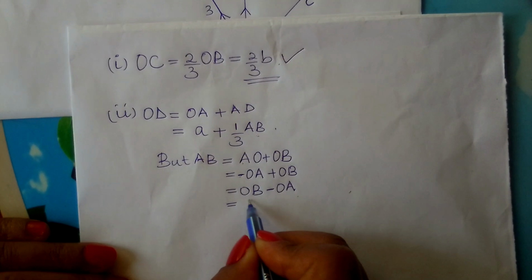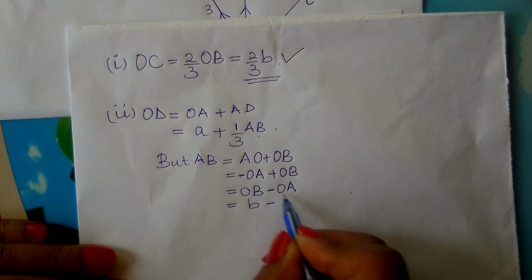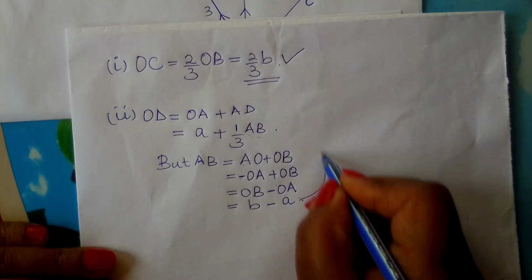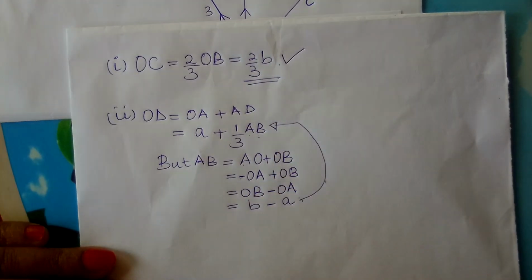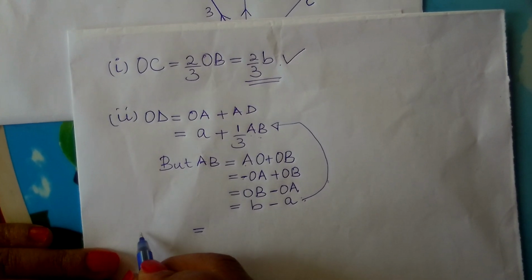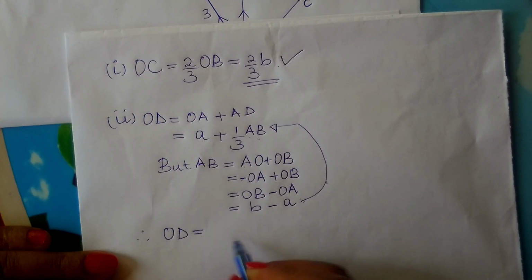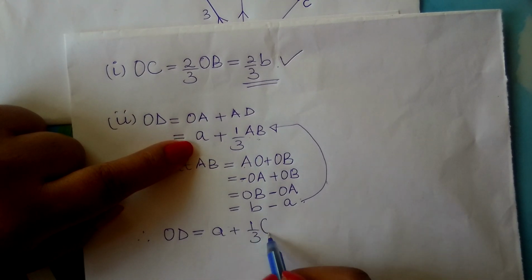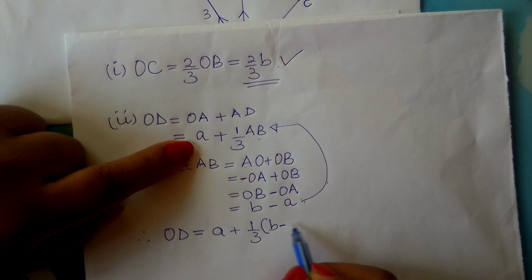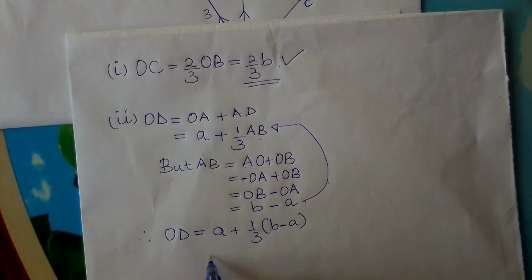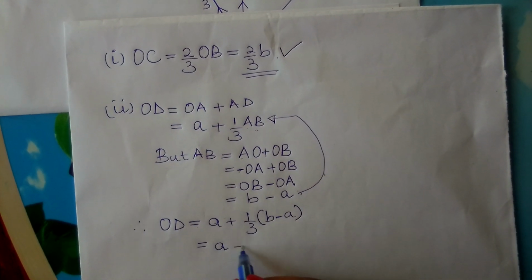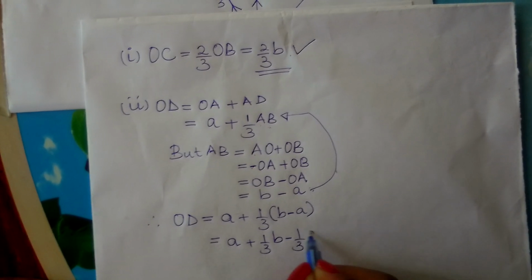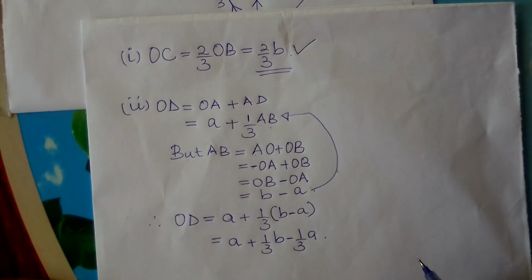OB is what, Lana? OB is small b, and this is small a. Substitute this here. Come and substitute it there. So, you write that therefore, OD is equal to small a plus a third of AB, which is B minus A. So, Lana, you say this is A plus a third of B minus a third of A. Okay?